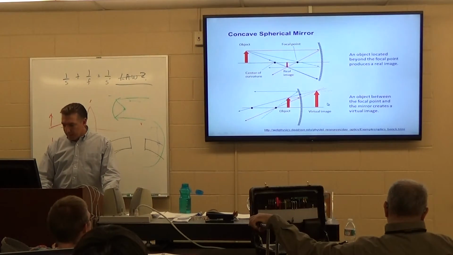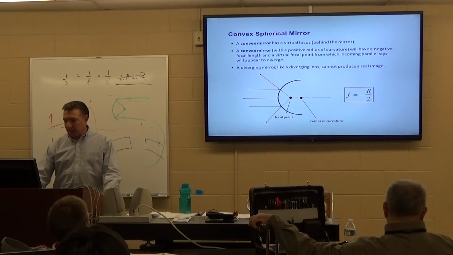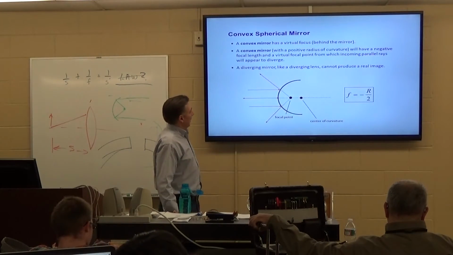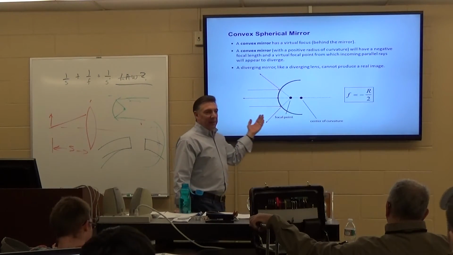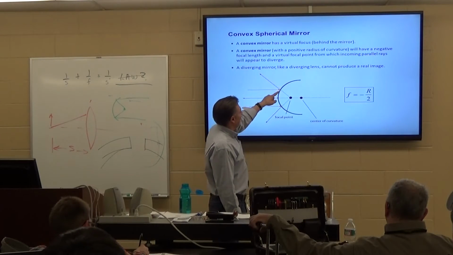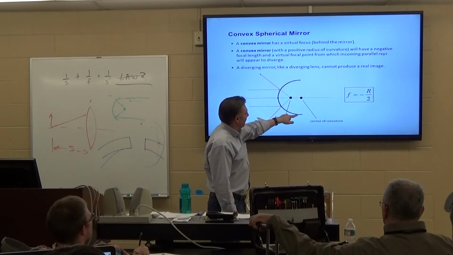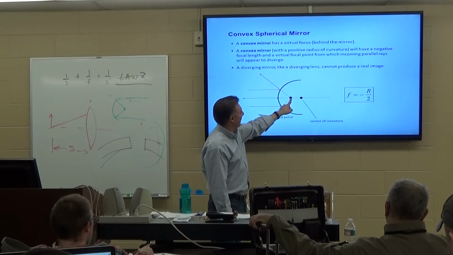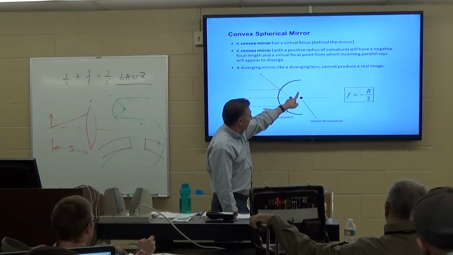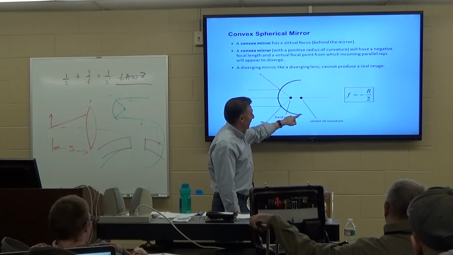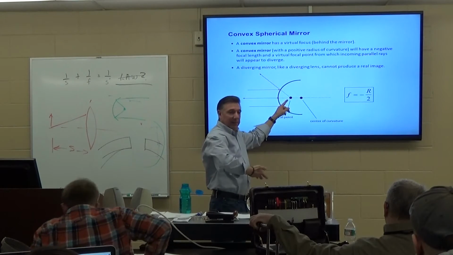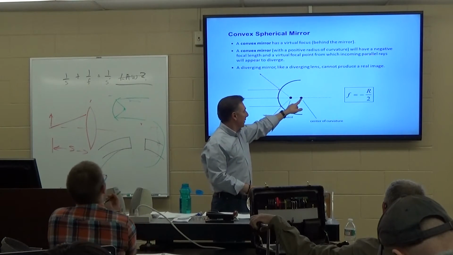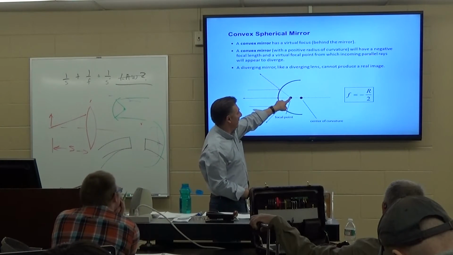So let's take a look at one. This is a convex spherical mirror as opposed to a concave spherical mirror. Same deal as a negative mirror, but this mirror has a focal point on the right side. If you look at the radius of curvature, the focal point is always going to be 1/2 the radius of curvature, so the focal point is in here.